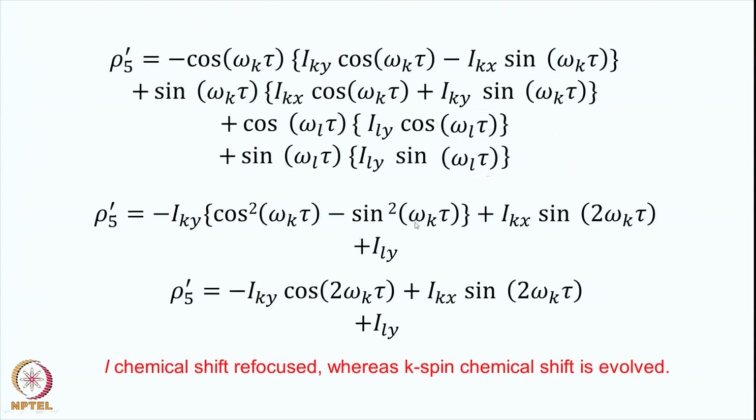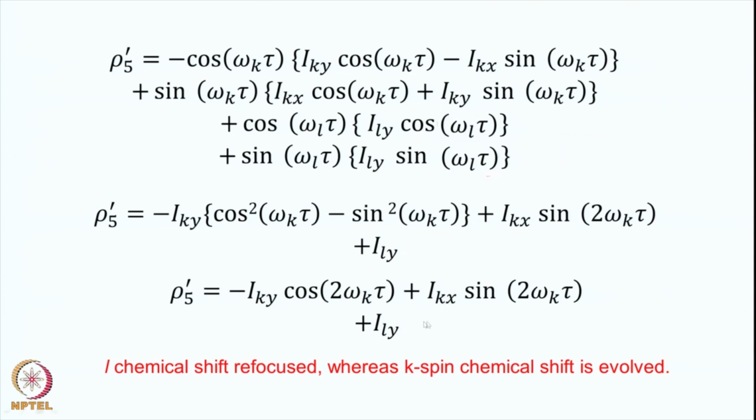Now what you have here? This is cosine 2 omega k tau. Therefore I have here minus IKY cosine 2 omega k tau plus IKX sine 2 omega k tau. So the k spin has evolved under the chemical shift, whereas the L spin chemical shift also is refocused.